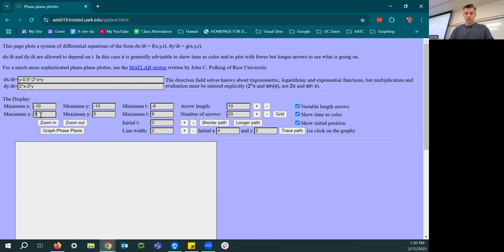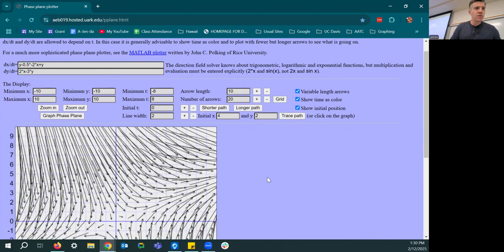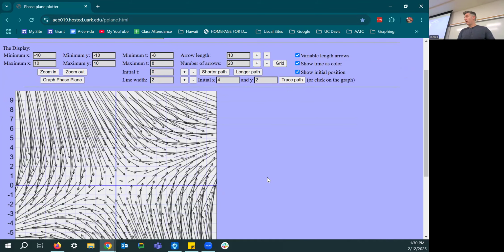You can change how big your screen's going to be. If we graph that there, I will point out that does not look like what I graphed, right? So just looking at that, I must have done something wrong. I'll point out that looks a lot like a saddle. We're going in towards our equilibrium in one direction and out in the other direction.